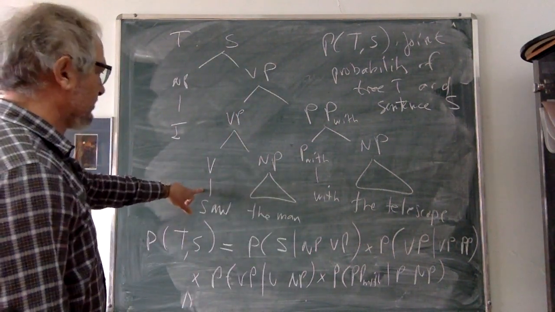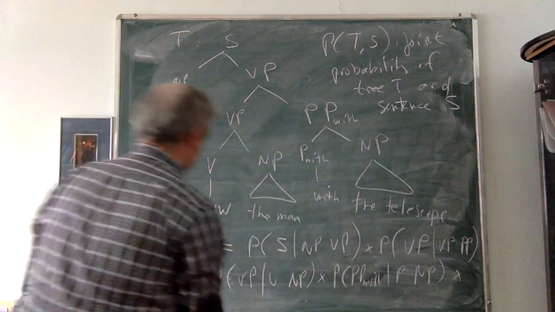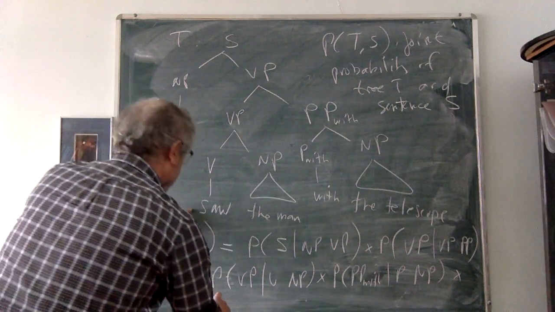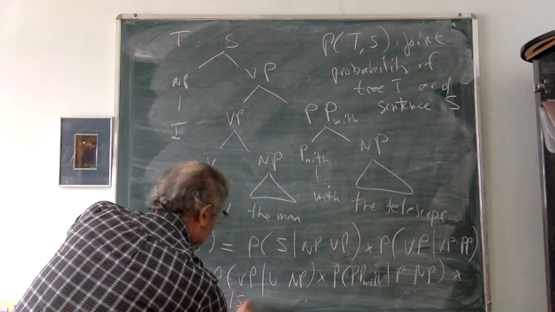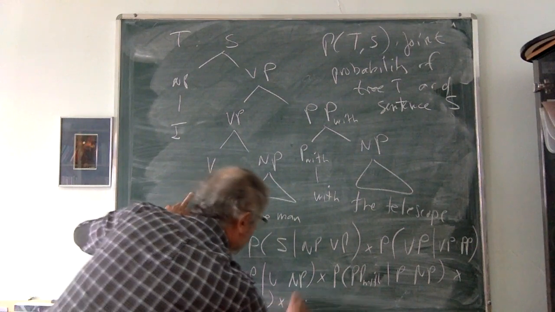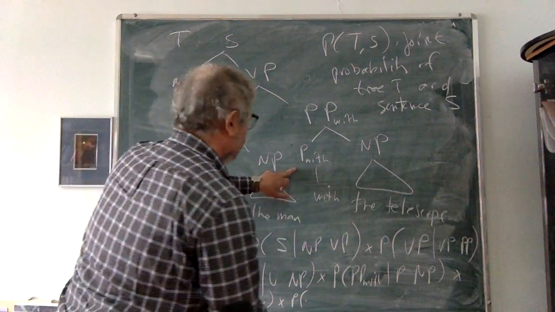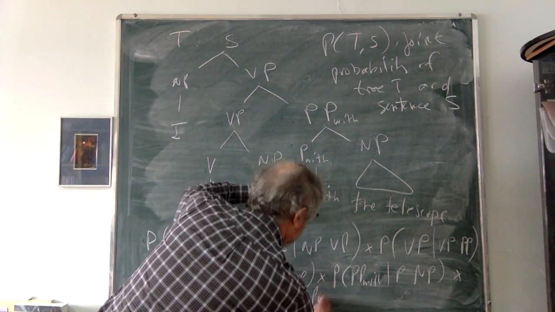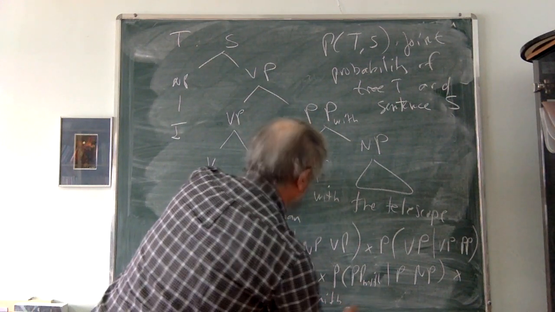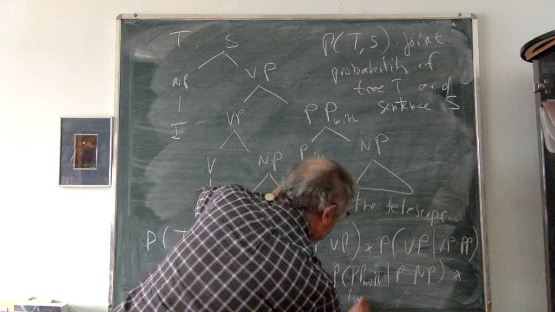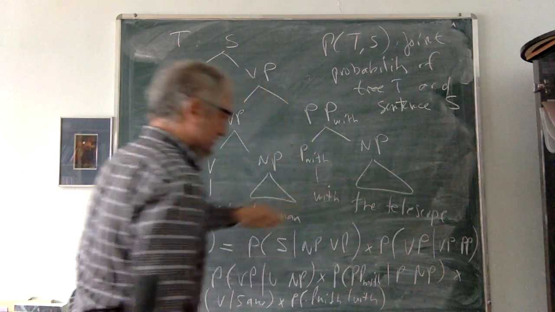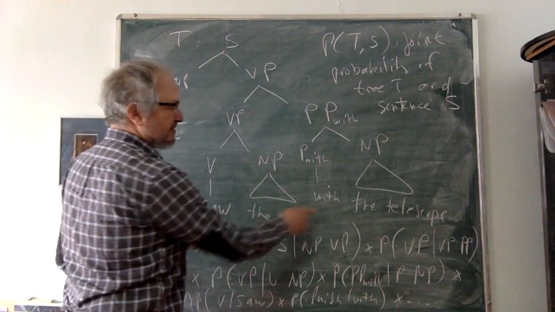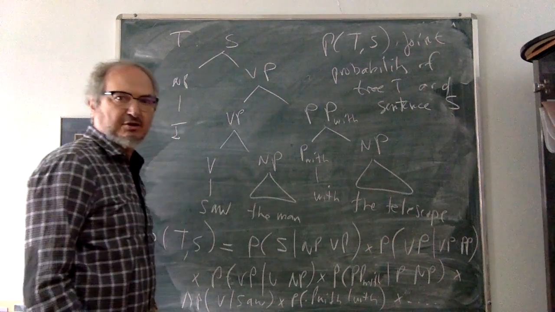And these are also rules, so I'm going to write probability of V given so, times probability of P with given the word with as the right hand side, times this dot is for the man and the telescope.